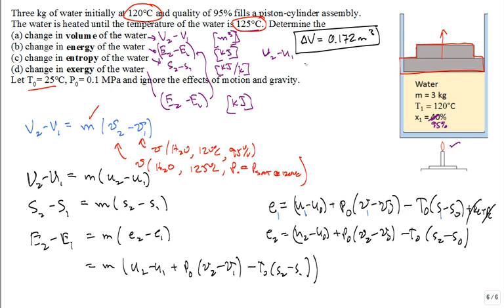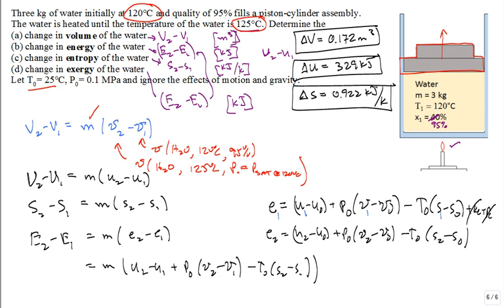And then the change in the internal energy, 329 kilojoules. Change in the entropy, 0.922 kilojoules per Kelvin. And the change in the exergy to be 71.0 kilojoules.